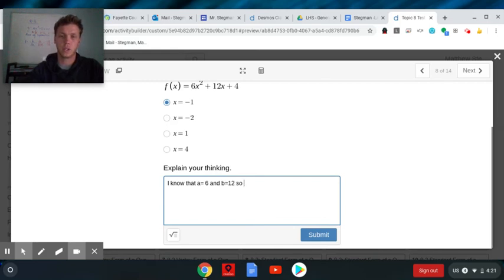So negative B divided by 2A equals negative 12 divided by 12, which equals negative 1. So you just need to be able to explain your work or your reasoning in this.